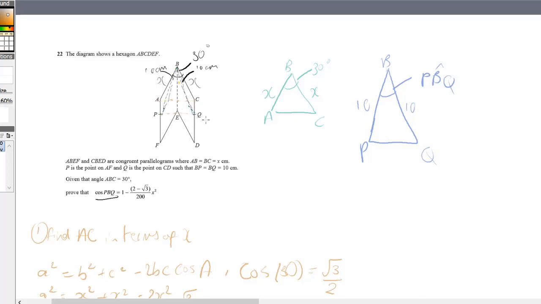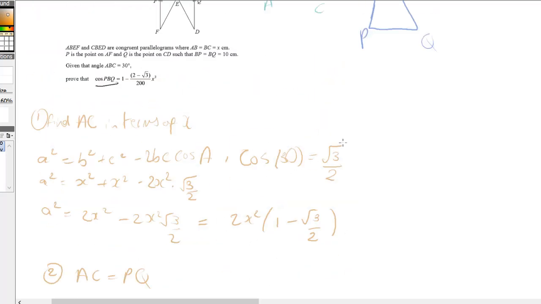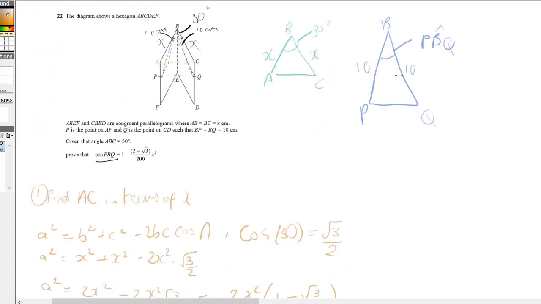Okay, so if we want to find PBQ, we can say cos A equals, and again we can use the cosine formula for finding the angle. So we get cos PBQ equals, remember we refer back to our triangle here, so we had the sides equal to 10.